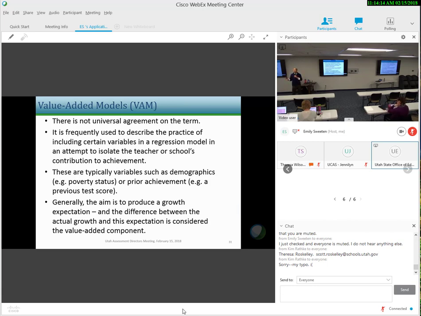In education it's really hard to do randomized control trials. You can't usually assign kids to various teachers randomly. You can't assign them to receive a particular intervention and others not, especially if you think the intervention is going to be positive for that kid. So that's an ethical challenge, and an important one. So value-added models are an attempt to back into that, as a way to produce a pseudo, like a quasi-experiment.